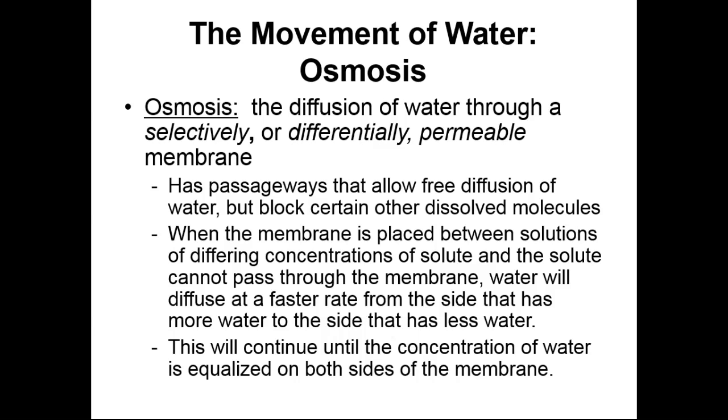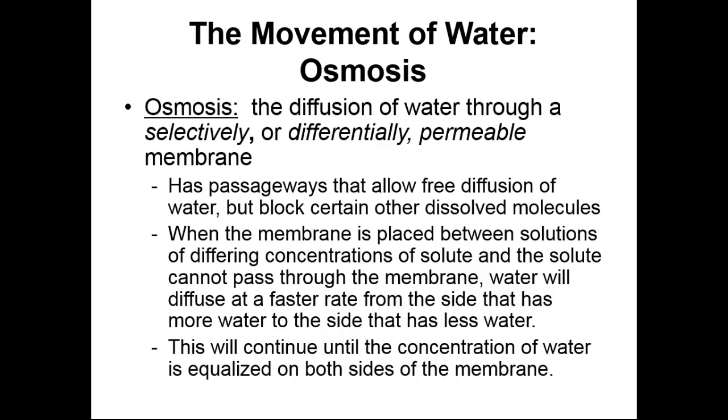And this water is going to move in such a way that it'll go from an area where there's a higher concentration of water to a lower concentration of water. Some membranes will be designed in such a way that water cannot go directly through them and has to go through special channels as opposed to the main body of the membrane.